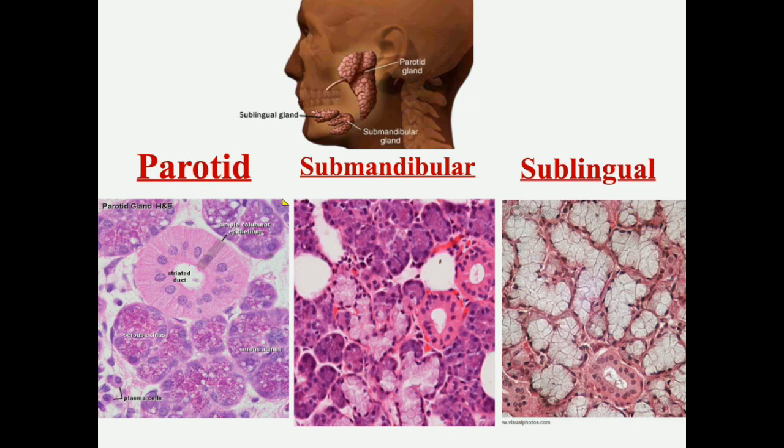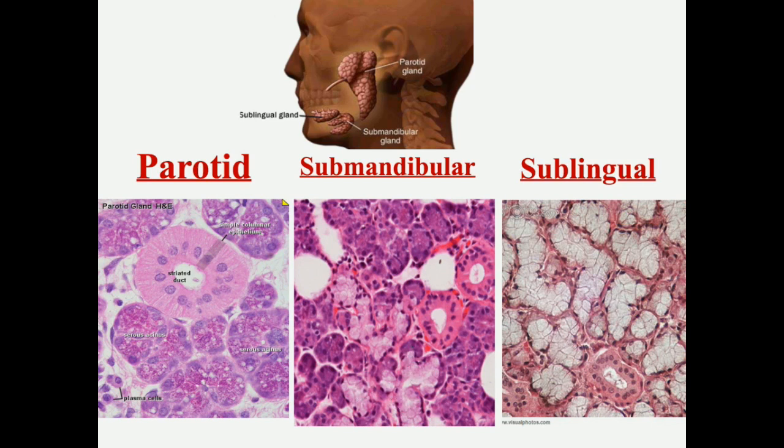Finally, you have to differentiate between the three types. This one is purely serous acini with evident intralobular ducts. This one is the submandibular gland of the human being. It is mostly serous with some mixed acini in the form of mucoserous acini, with crescent of Gianuzzi.